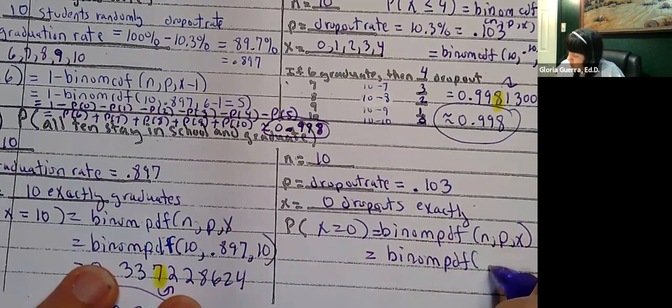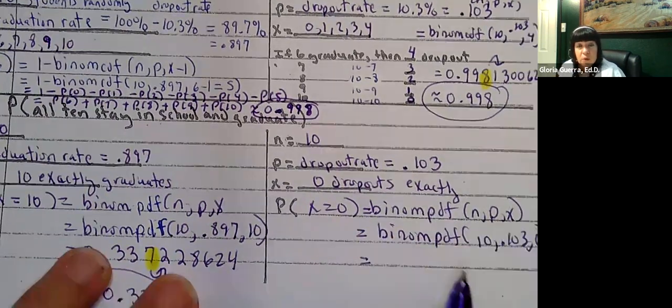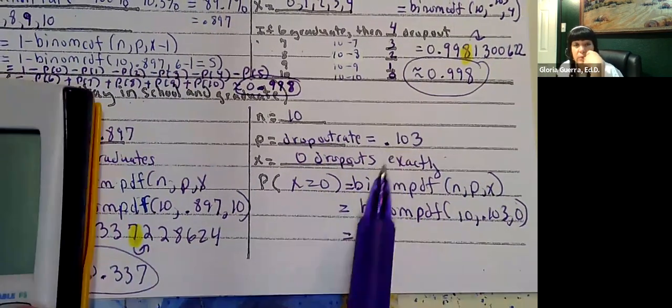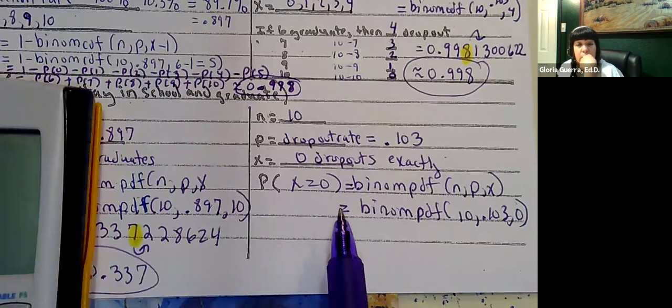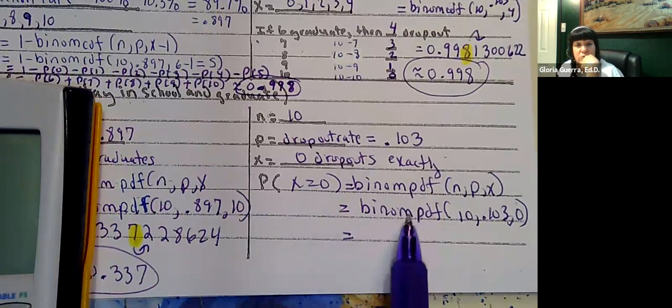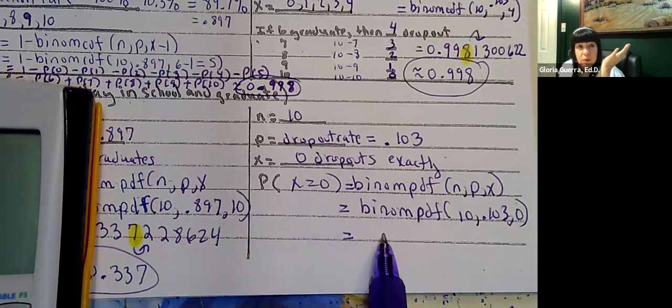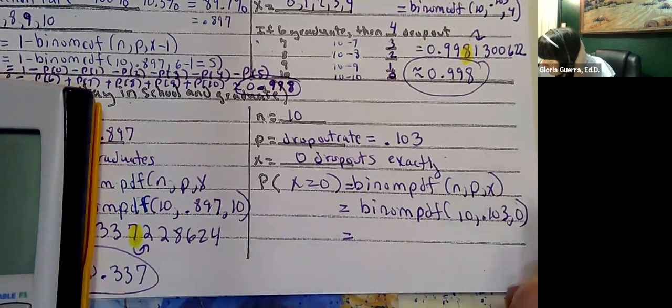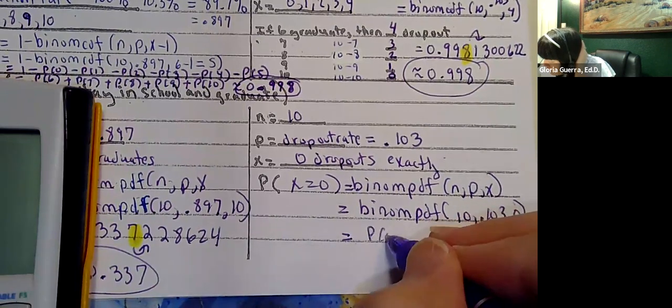N is 10, P is 0.103, and X is 0. Yeah, I want to see that. So if you want the full credit on the test, you have to set up the probability, and then the command, the substitutions. Oh, and then what are you finding? So we're finding here, starts with 0. So you're just finding P of 0.